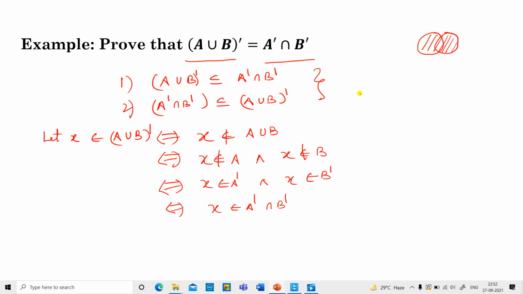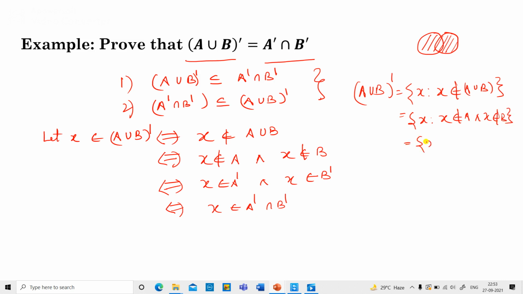Alternatively, you can write in this way also. You will start with (A union B)' and define it as a set of X such that X does not belong to A union B. And similarly, do the same procedure: X such that X does not belong to A and X does not belong to B. And write it as X belongs to A' and X belongs to B'.